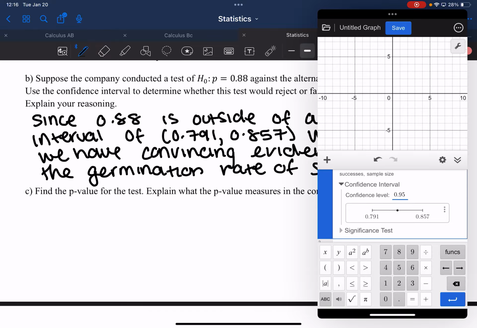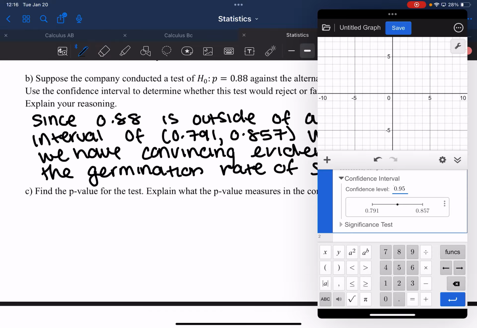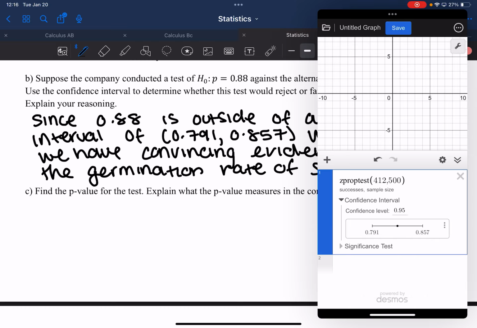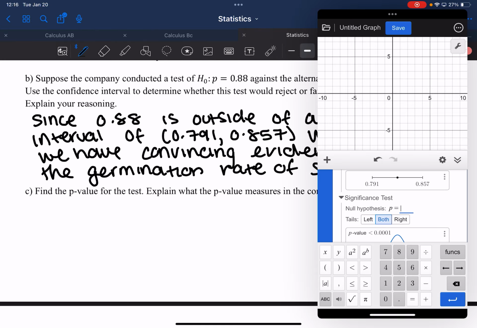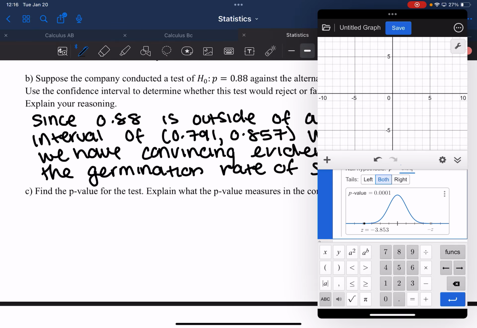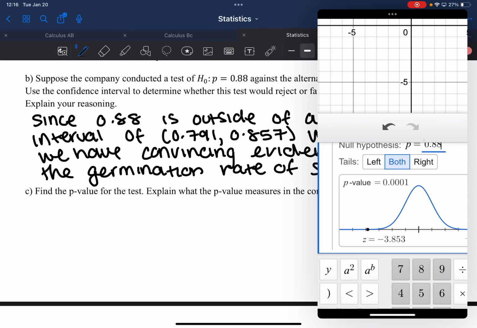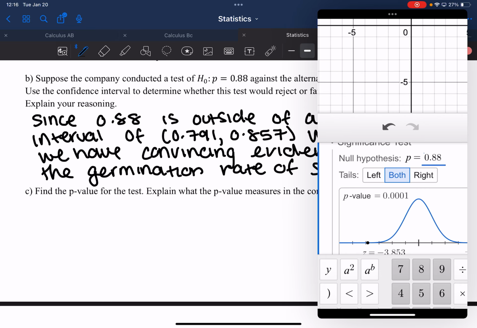If I click on these three dots to the side, go to significance test, right here, the p-value. Our significance test was the null of p naught of 0.88. So you would type in your 0.88 because that was your p naught value for your significance test. And we would make sure we're looking at both of the tails because this is a two-sided test.